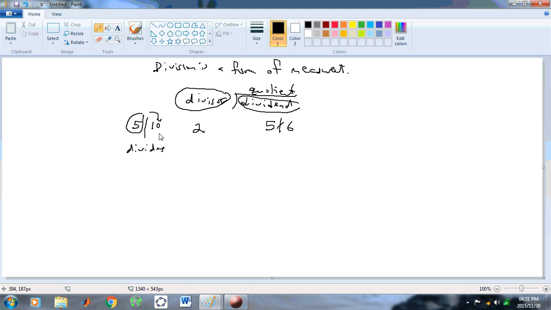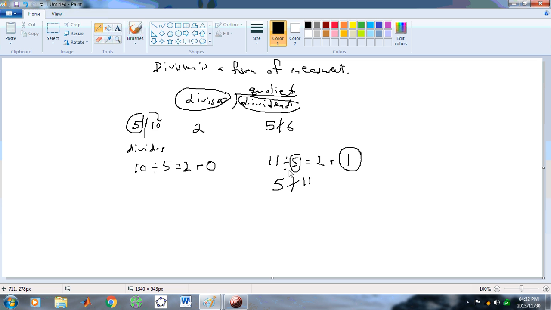So what this really means here is that 10 divided by 5 is equal to 2, remainder 0. And you can contrast this with, let's say, 11 divided by 5, which is equal to 2, remainder 1. Clearly, 5 does not measure 11 because there is a remainder.